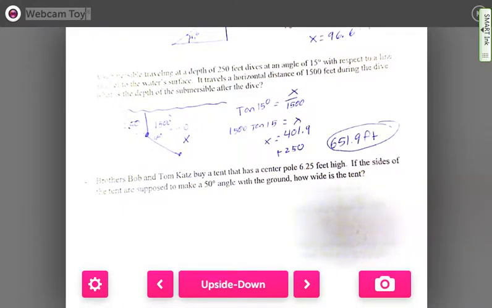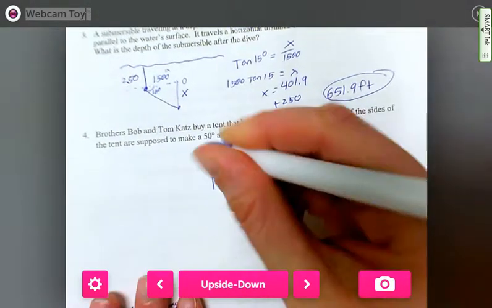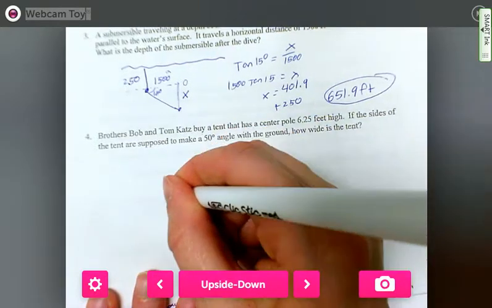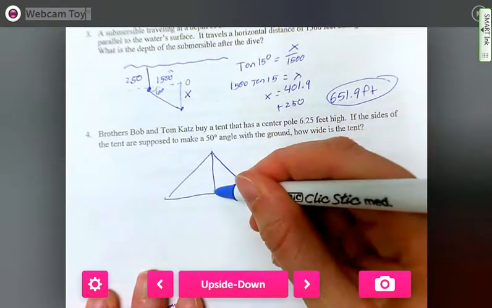If the sides of the tent are supposed to make a 50-degree angle with the ground, how wide is the tent? So this is a tricky one. You ready? So I think the tent looks like this. Here's my center pole. There are the sides of my tent along the ground. Do we agree that it looks like that?